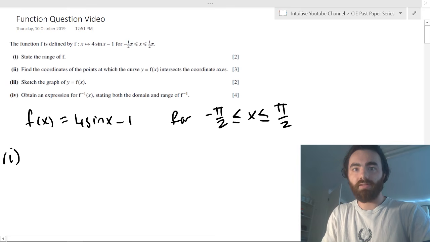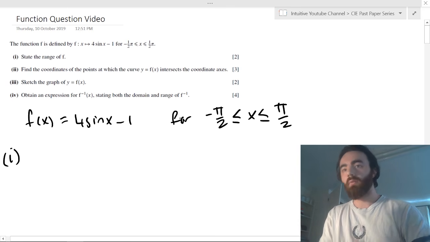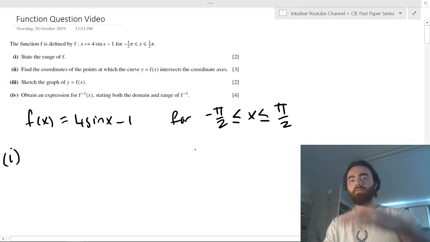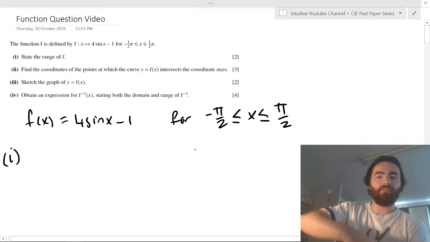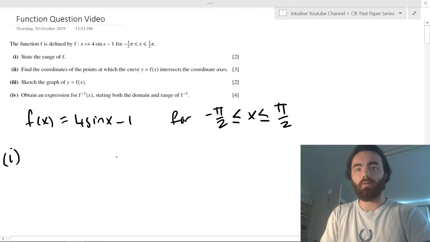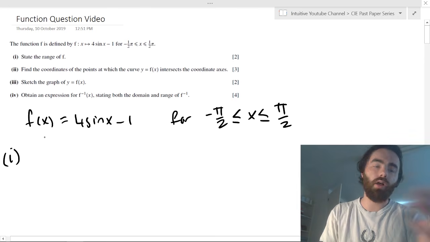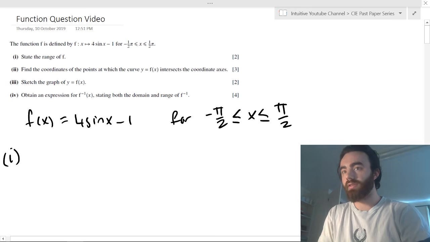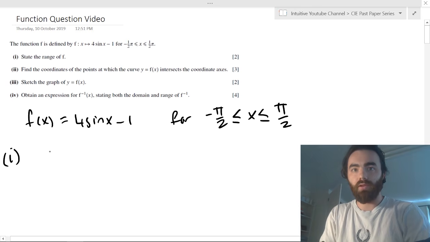So the first part is to state the range of f. Well, we're given the domain of f of x, so then we can find the range of f of x, and the range is just where the f of x goes from. So what's the lowest to the largest value our f of x takes for this domain. So let's just plug in some of these values.